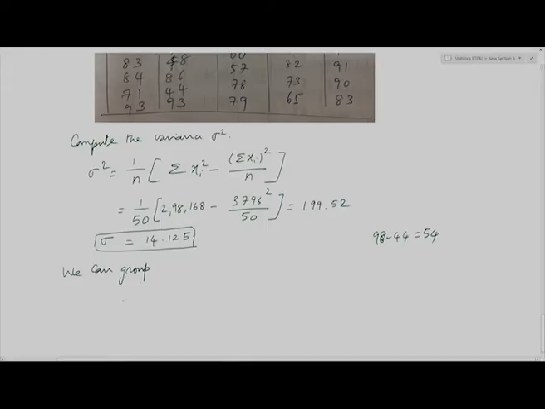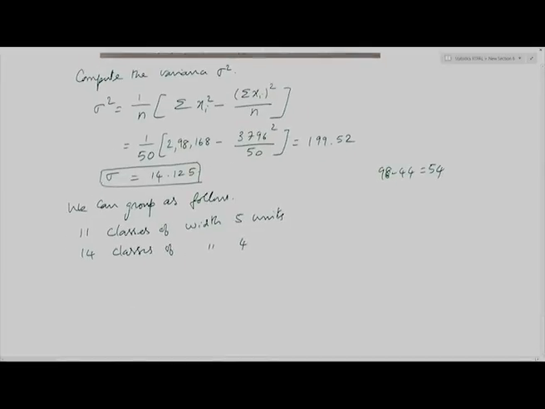We can classify as follows: either I can form 11 classes with 5 units, or 14 classes with 4 units, or 8 classes with 7 units. It is all up to us.